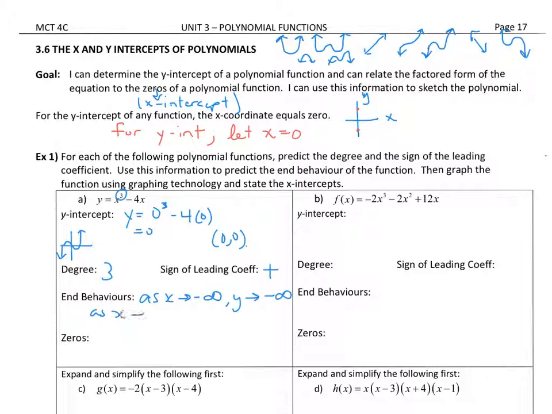And as x approaches positive infinity, your y also approaches positive infinity. Okay, now your x-intercepts on this one, if you put it into Desmos, you can find those out. I believe they should be at negative 2, 0, at 0, 0, and at positive 2, 0. All right, fill in the rest of this, and then you can check your work.